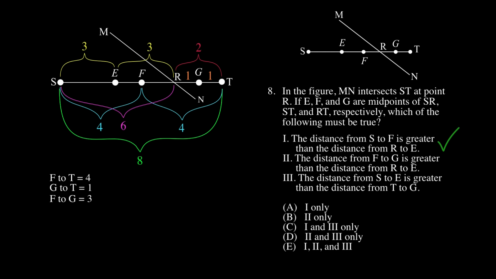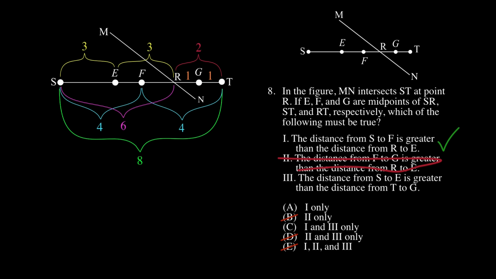So the distance from F to G is 3. So 3 is greater than the distance from R to E. Well, we know the distance from R to E is 3. So 3 is greater than 3. That doesn't work. So we get to eliminate any answer choices that contain the Roman numeral 2. We get to eliminate B, we get to eliminate D, and we get to eliminate E.